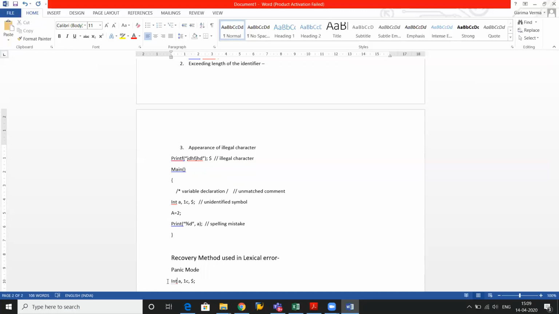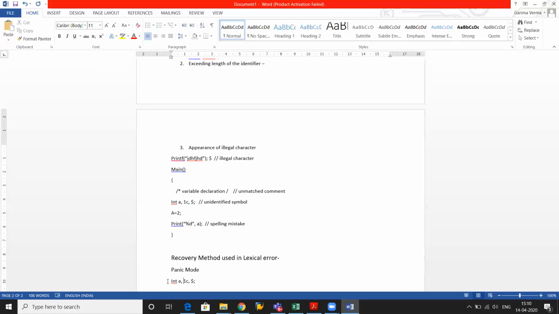Then we know that spaces are ignored, so it will ignore the space. Then there is a variable a. A is a valid name. It will take the variable. Then comma. It is the valid symbol to separate one identifier from another identifier at the time of declaration. Fine. Now the next symbol, it found that 1, and 1 is an illegal character for defining the name of the identifier.